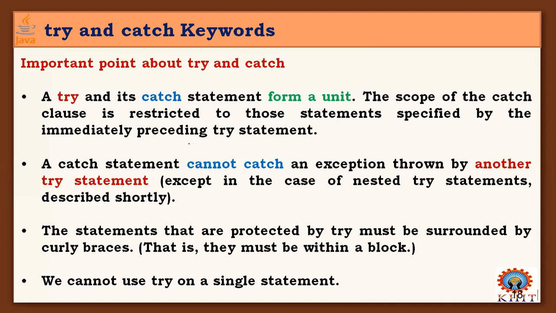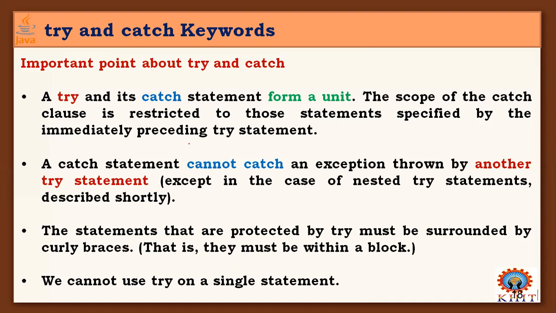You may have try one, try two blocks in your program, catch one, catch two. When an exception is generated in try one, catch one is the only handler for the exceptions generated by the try one block. And in the same program, the try two block is there and the catch two handler is also there.